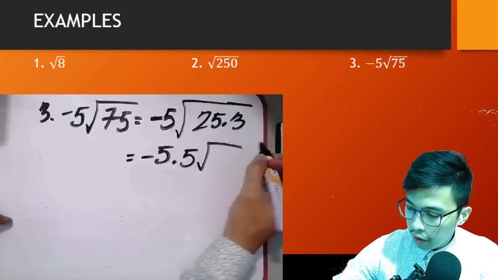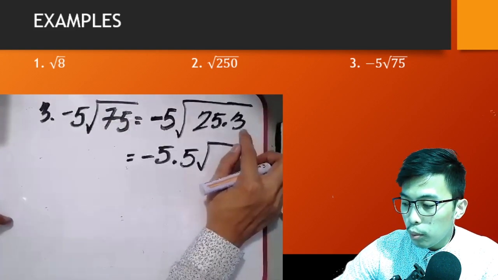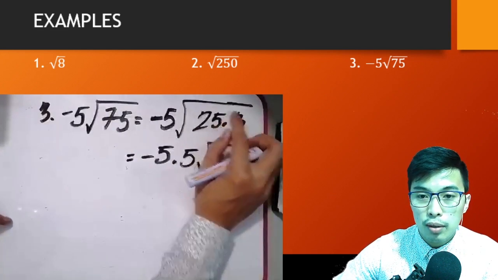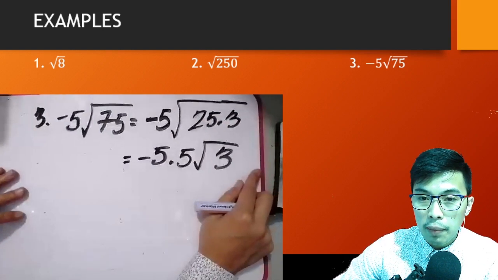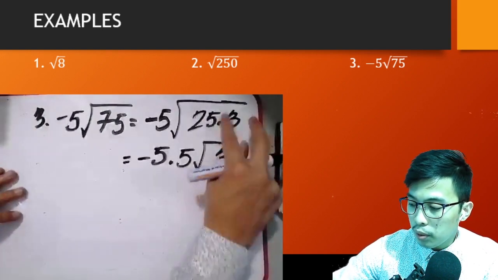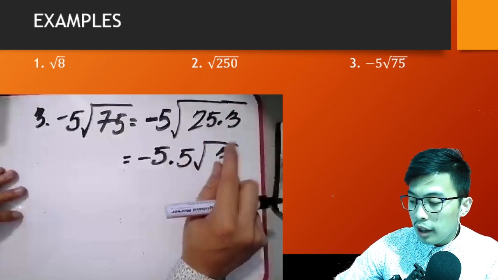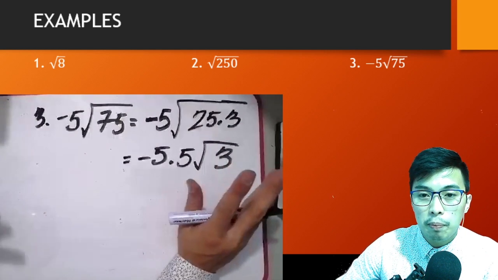And then, the number 3 will remain inside the radical sign because it is not a perfect square. Always take note of that. Kapag hindi na siya perfect square, yung isang factor, always magre-remain siya inside the radical. Ang ilalabas lang natin or kukunin natin yung roots is yung perfect square.